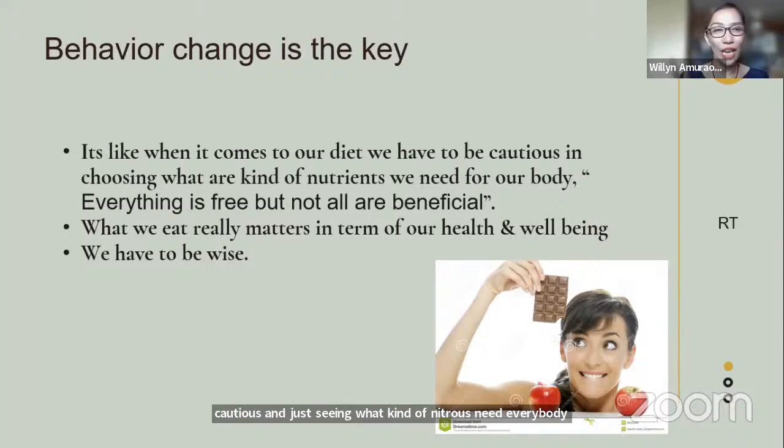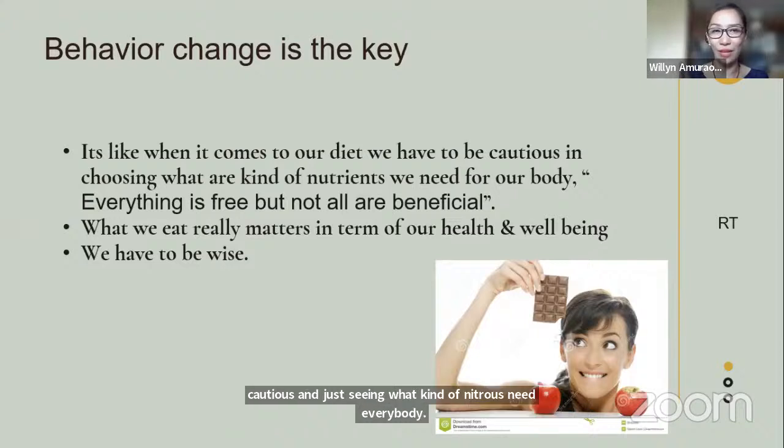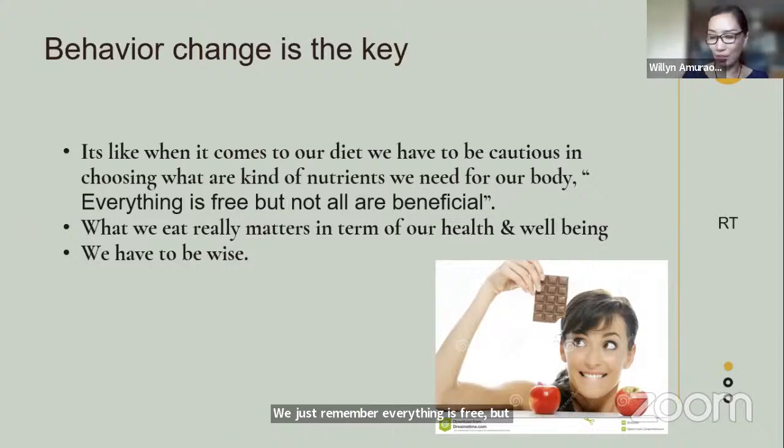Just remember, everything is free, but not all are beneficial. One diet doesn't fit all. You are what you eat. So if you feel like you are sick, lack of energy, yawning, get up off that couch, get out the door, and have a checkup.